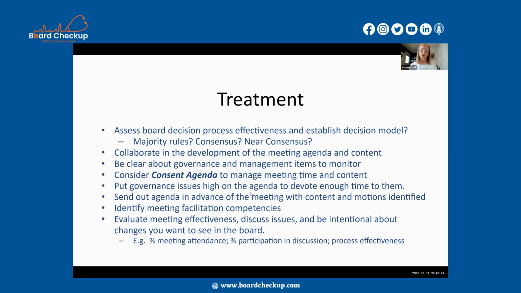What can you do to improve meeting effectiveness? And again, starting with assessment of effectiveness. The decision process itself can be assessed, never mind just meetings. I'm going to come up with some criteria in a moment about meeting effectiveness, criteria that you could reflect on. But the decision, you can assess the effectiveness of the decision process. We can certainly help you with that.